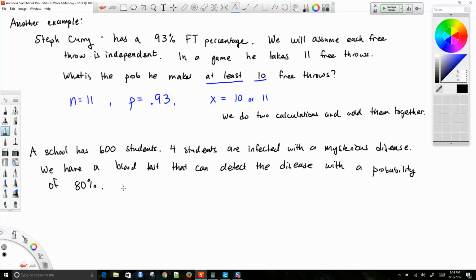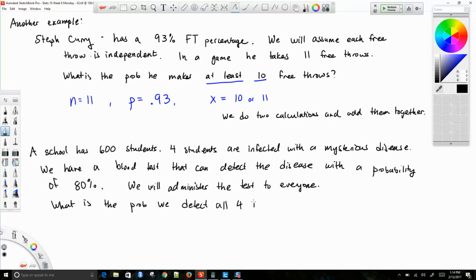Okay, so we will administer the test to everyone. We'll ask, what is the probability we detect all 4 infected students?